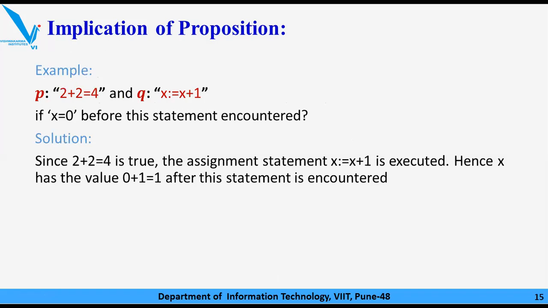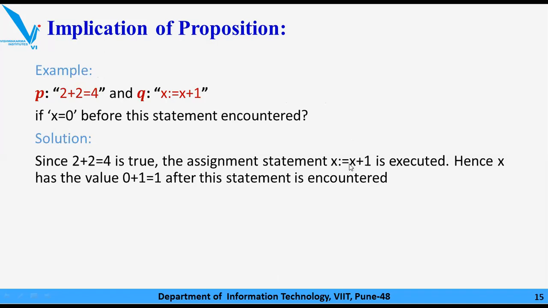Let's have another example where P denotes 2 plus 2 is equal to 4 and Q denotes X gives X plus 1, that is, this value will be assigned to X if X is 0 before this statement is encountered. So let's say X is 0. Since 2 plus 2 equals 4 is true, this is my hypothesis, so it is true.